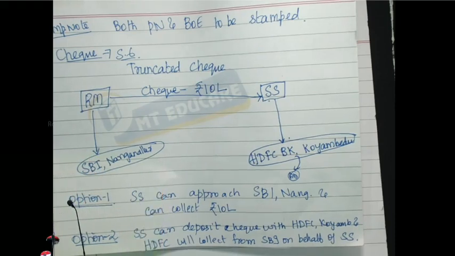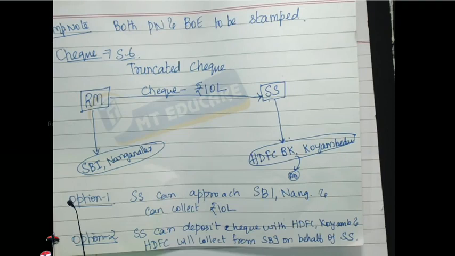Respond, friends. Generally in a special crossing, how many bankers' names should be there? One or two? Only one banker's name should be there. I am presenting it to that banker. That banker, what is he doing? He is sending it to his agent for collection. Possible? Yes, it is very much possible.